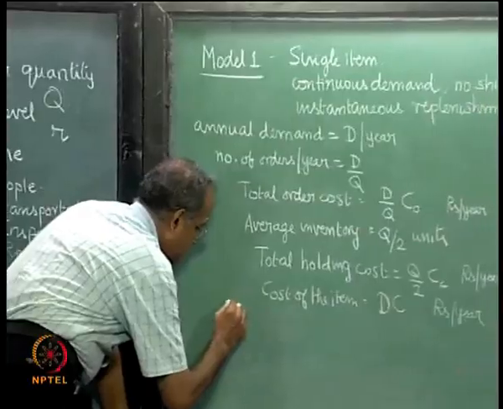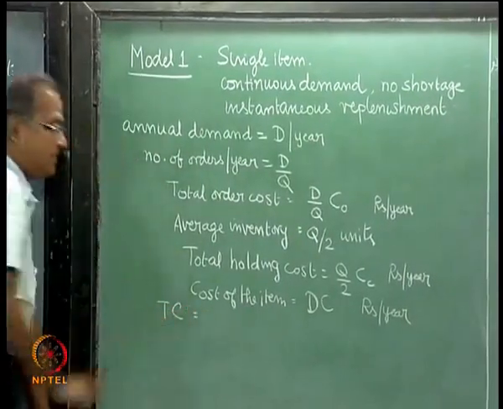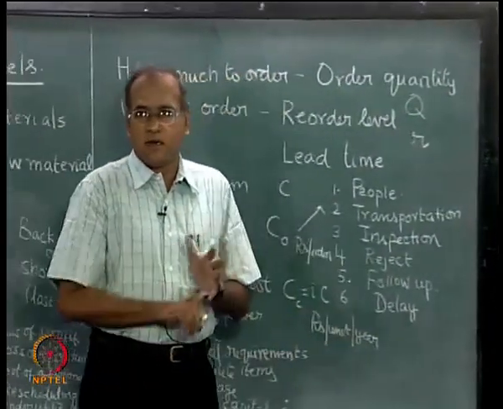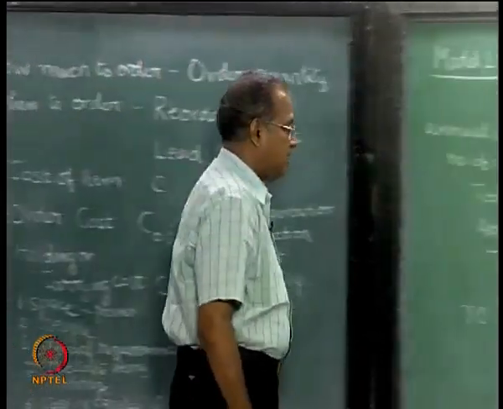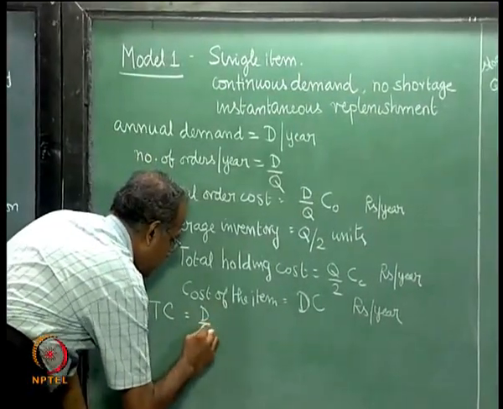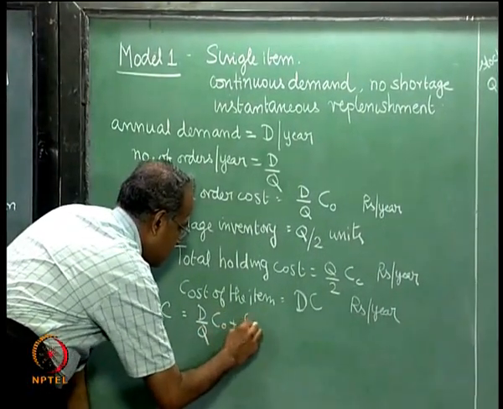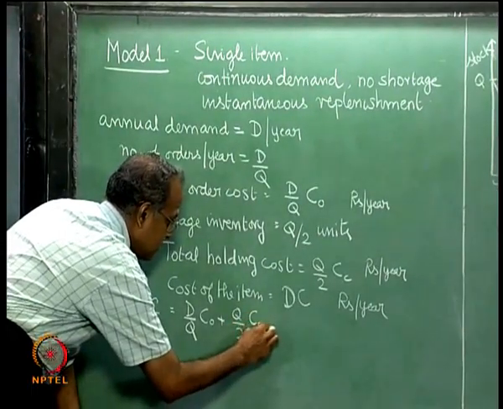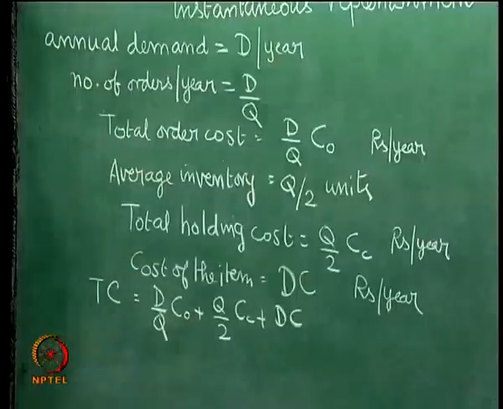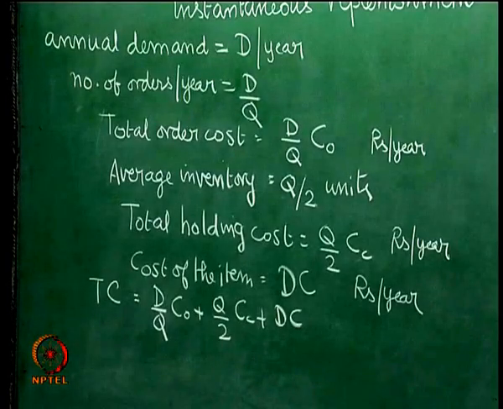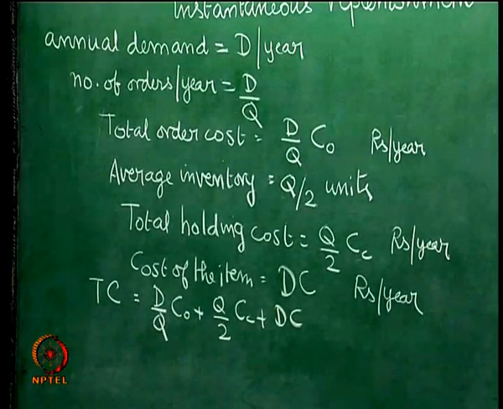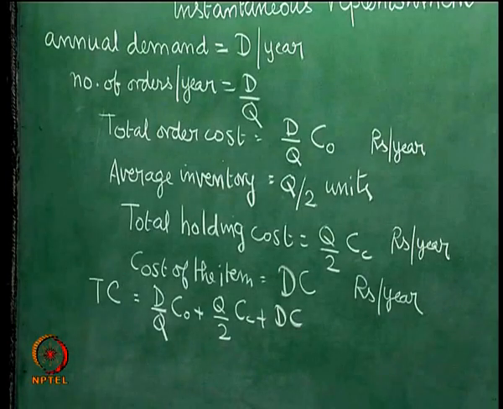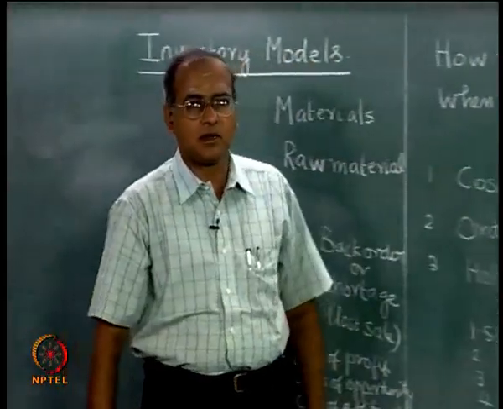So total cost, total annual cost TC, which is the sum of the order cost, the holding cost as well as the cost of the item, is given by D by Q C naught plus Q by 2 CC plus D into C. Now in this total cost expression, as I said, there are three costs: cost of the item, cost of ordering, cost of holding the inventory, there is no shortage or back order cost.